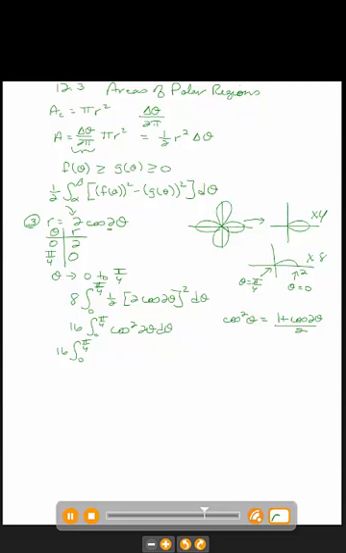It's going to end up being 1 plus cosine of 4 theta, because the half angle formula says if this is theta, on the right-hand side you double it in your new formula, so that's going to be 1 plus cosine 4 theta over 2 d theta, which I could split and make it 1/2 plus 1/2 cosine 4 theta d theta.